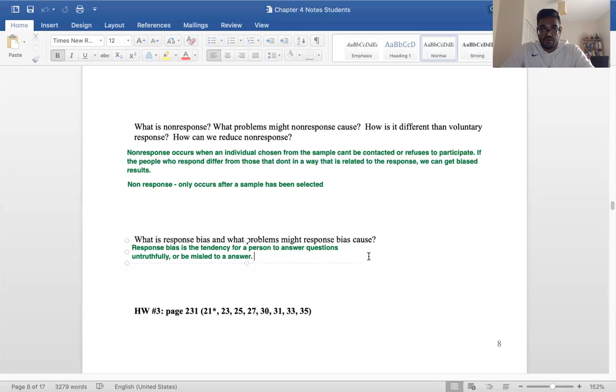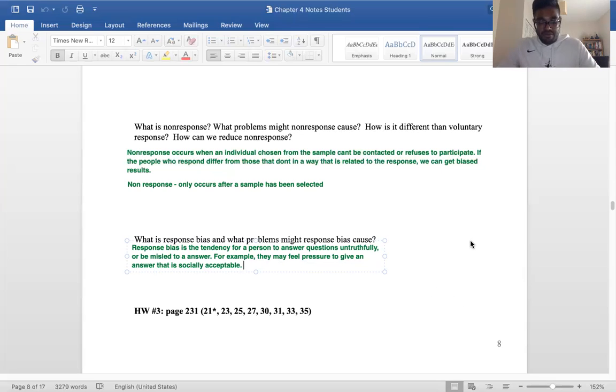Okay, so for example, they may feel pressure to give an answer that is socially acceptable. Yes, that's what response bias is.